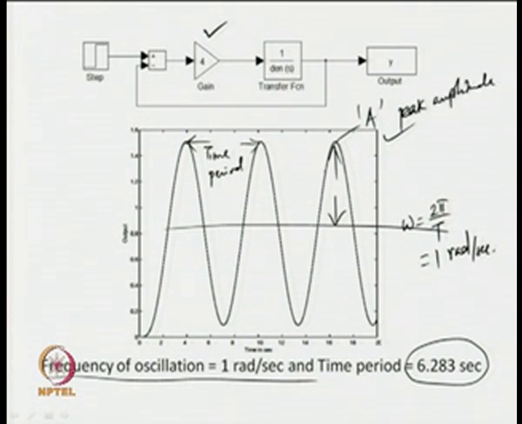Peak also can be obtained from the measurement of peak to peak values. So, measure the peak to peak values and divide by 2, that will give us the peak amplitude A of the output signal.